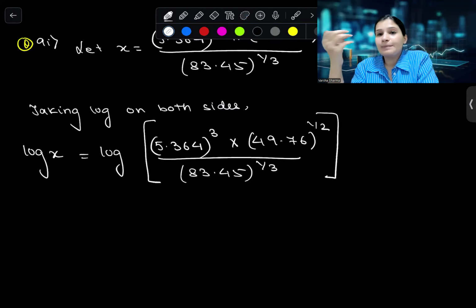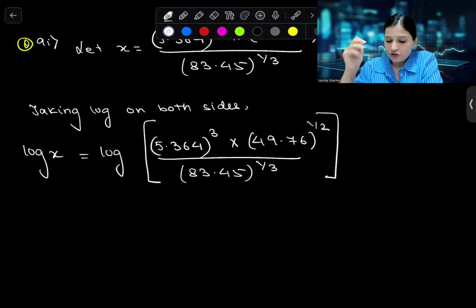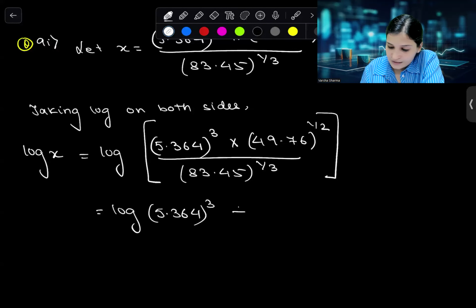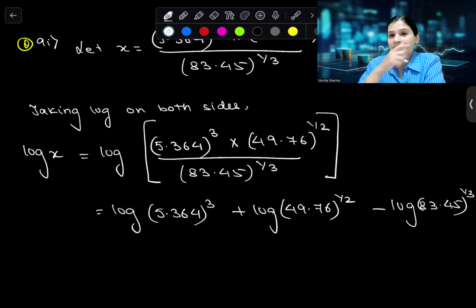If something is getting multiplied, log AB, we use log A plus log B. And if something is divided, log A by B, we use log A minus log B. So whatever is multiplied, we open it as addition. Whatever is divided, we open it as subtraction. So this will become log 5.364 to the power 3 plus log 49.76 to the power half minus log 83.45 to the power 1 by 3. Is this okay?